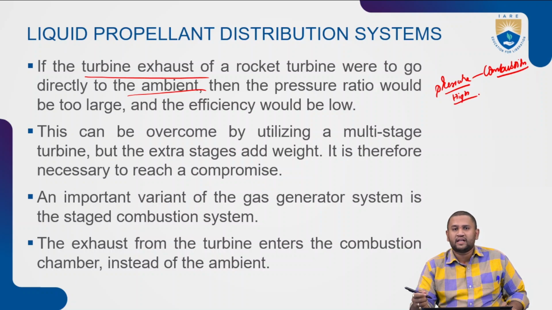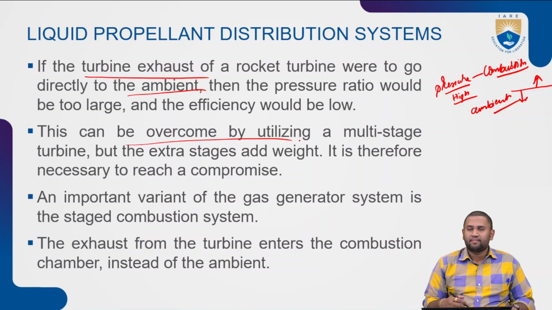The pressure ratio compared to ambient would be large, because the ambient pressure will be less and the combustion pressure will be high. This difference is too large, and it results in low efficiency for your gas generator cycle.